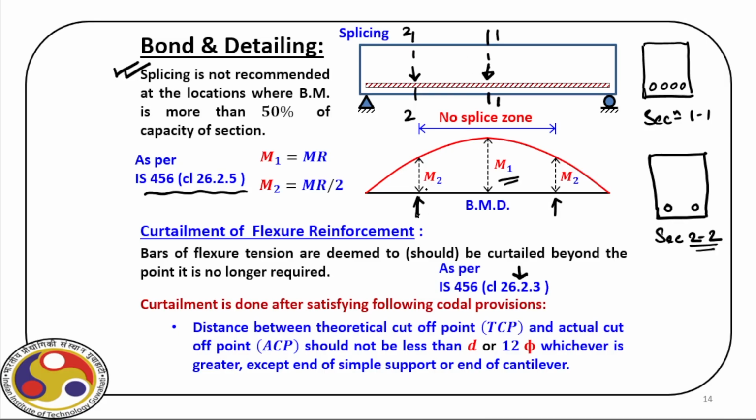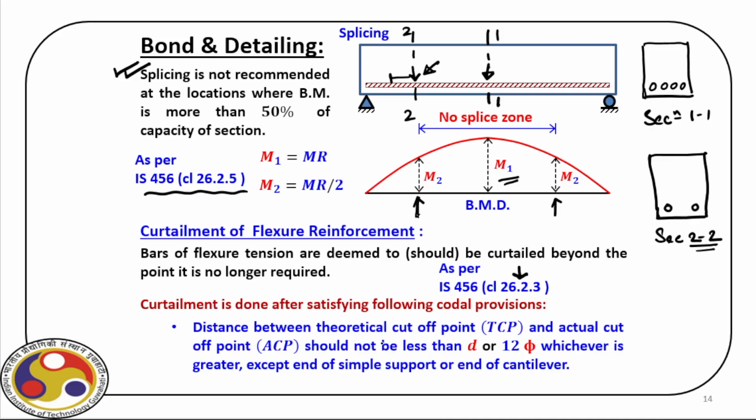Now, say this is the theoretical point of curtailment here. Then what we have to do is go a certain distance beyond, and that is the actual location of curtailment. So we have 2 things, the theoretical cutoff point and the actual cutoff point.